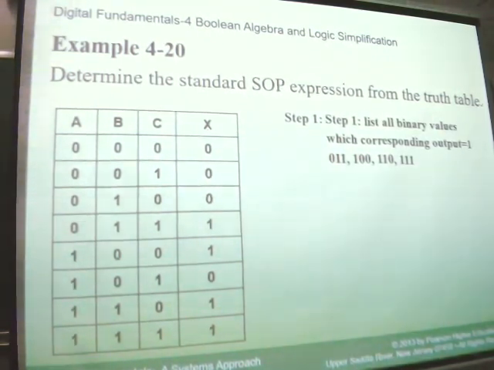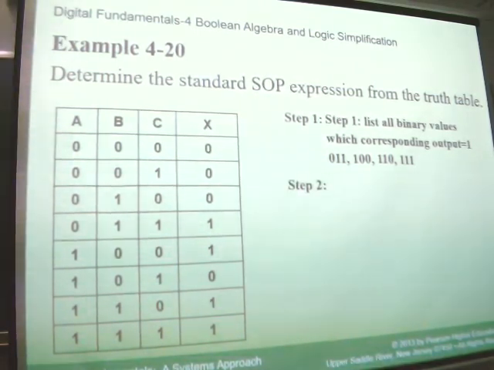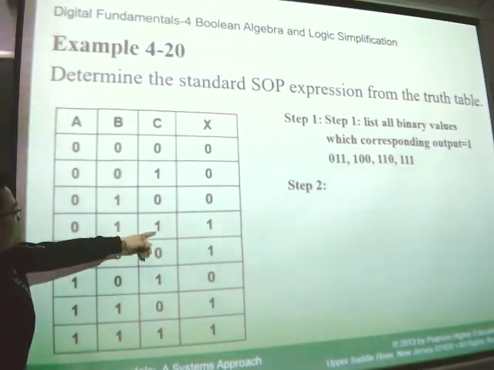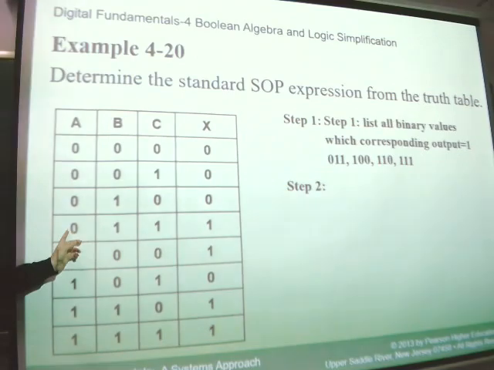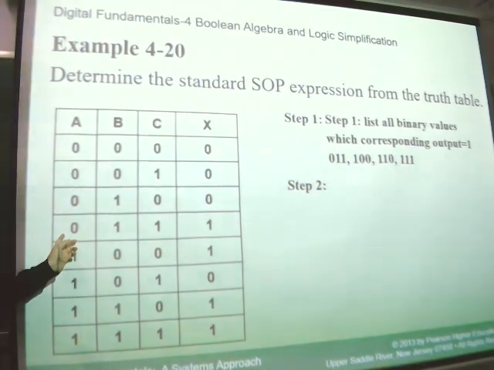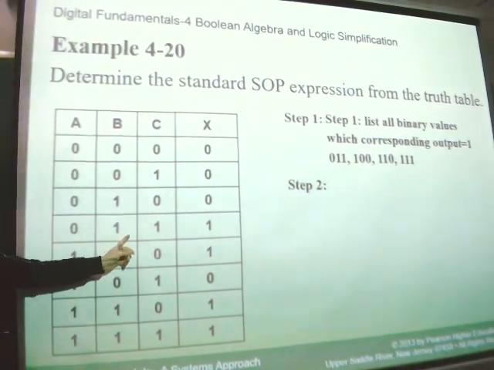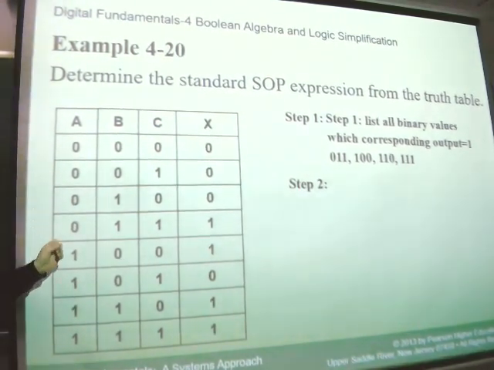And the second step, convert to the product term. This binary value, the corresponding product term is A bar, B, C. Right?